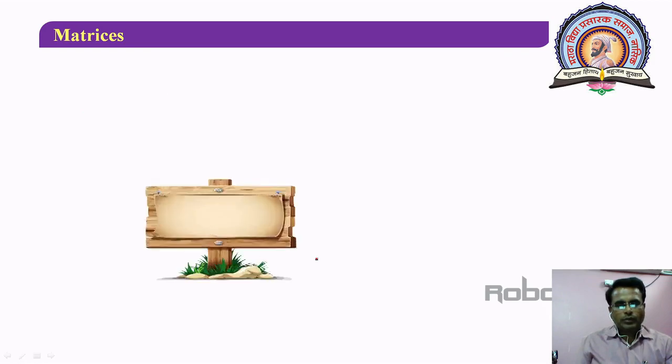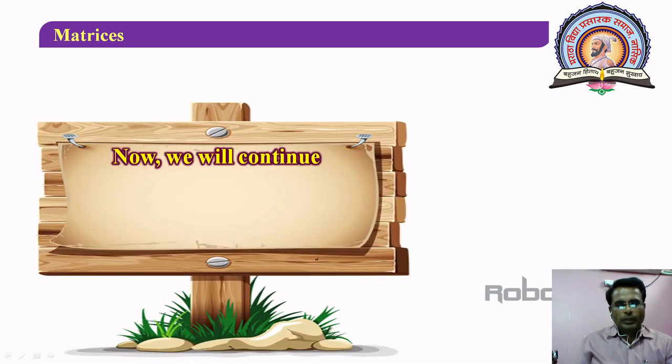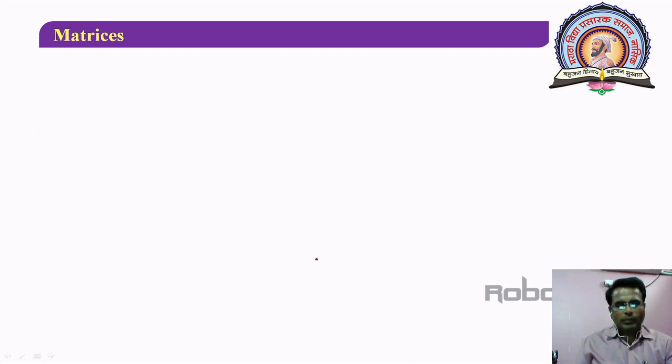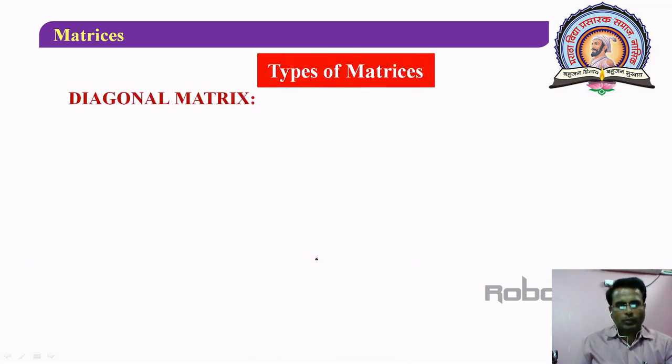Then next, depending on the diagonal elements, we can have 3 types of matrices. So next we are going to continue with types of matrices. A diagonal matrix means a matrix in which Aij is equal to 0 for i not equal to j. That is, only the diagonal elements exist and non-diagonal elements are all 0 here.